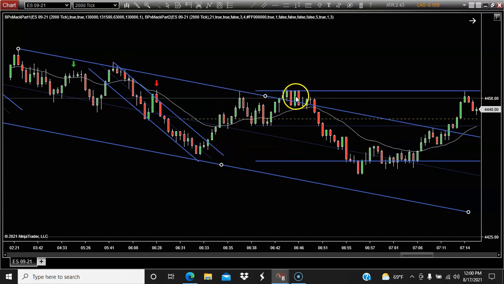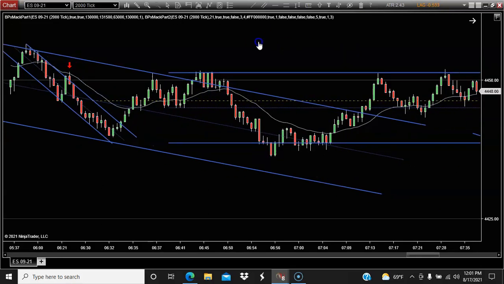So I saw this break, and I got so confident. I was like, I'm reading this perfectly, and I went long above this bar. It's just a second entry, but it's a trap, as you can see. The failure, boom. Actually no, I just read this incorrectly.